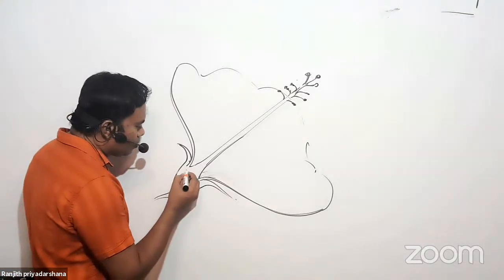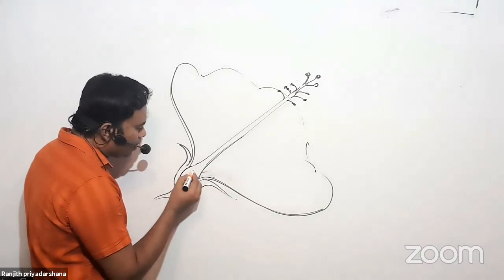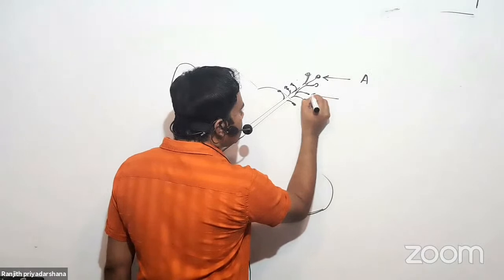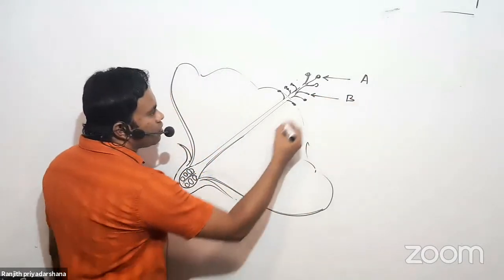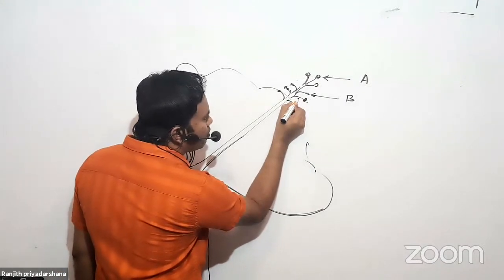So here you can see ovary and ovules as well. So you have to name A here. Then B is for this androecium or stamen. Stamen contains anther and this filament.